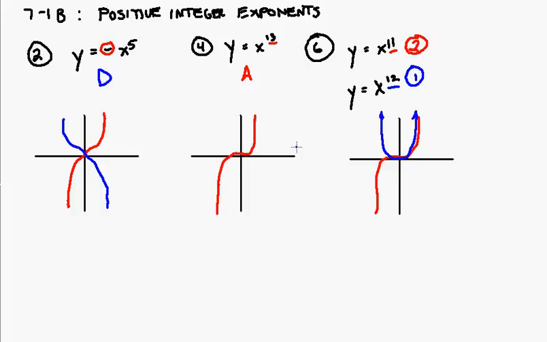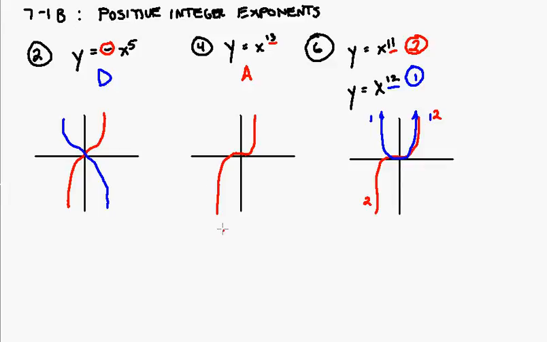So looking at this, there's one line on this, so this would be both 1 and 2 right here. This is going to be number 1 here, and this is going to be number 2. Okay, so that's number 6, so the answers are 2, 4, and 6.